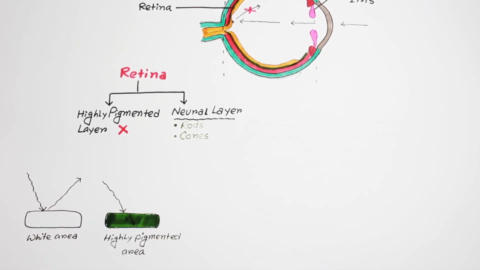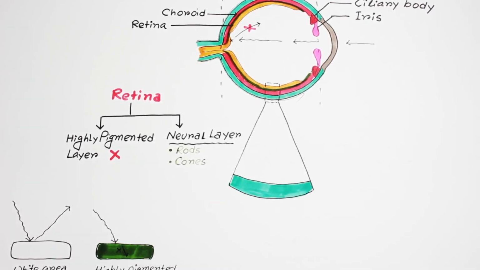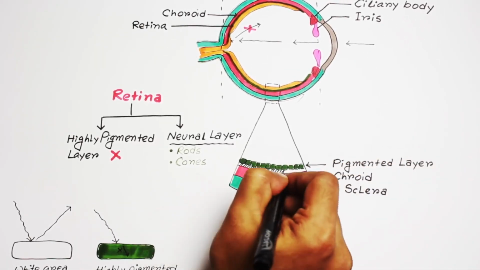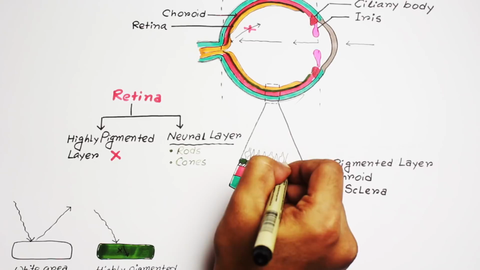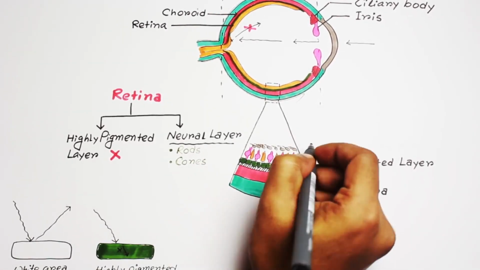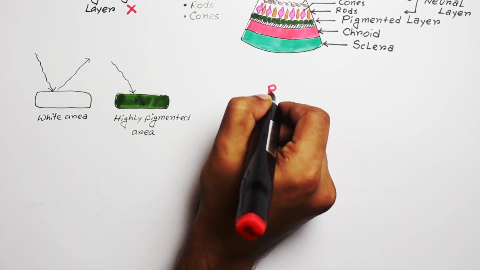That's why this inner retinal layer is highly pigmented. Let's enlarge this area. Here it is the sclera, then the choroid, and this pigmented layer, and just above the pigmented layer there is the neural layer which contains rods and cones and bipolar cells, etc.